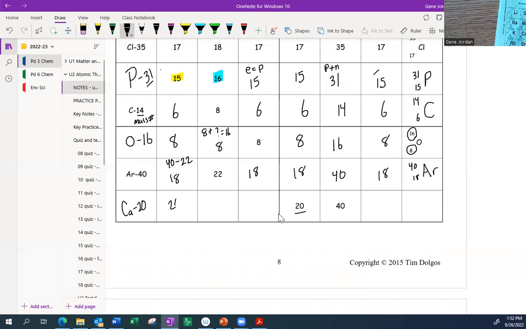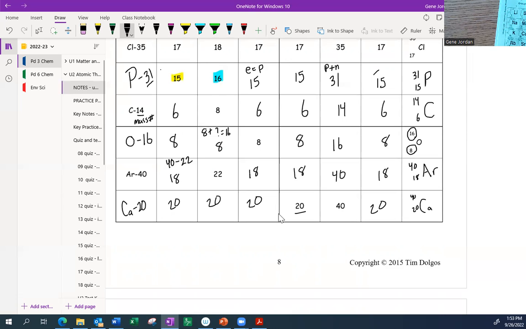Calcium: 20 protons, 20 neutrons, 20 electrons, 20 nuclear charge. So easy, this one. It's calcium with 40 on top and 20 on the bottom. And I believe that's it.